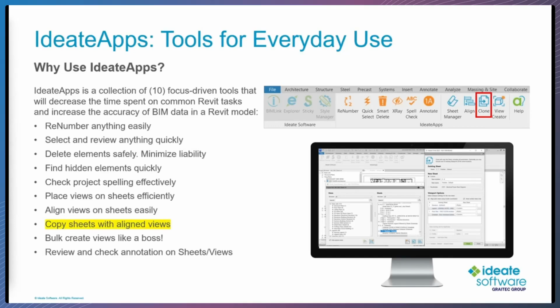So highlighted here in red, you can see the clone tool here in the ribbon. And what the clone tool allows us to do is copy sheets from the sheets area in Revit and align them and also set specific copying rules to them when we clone them out.